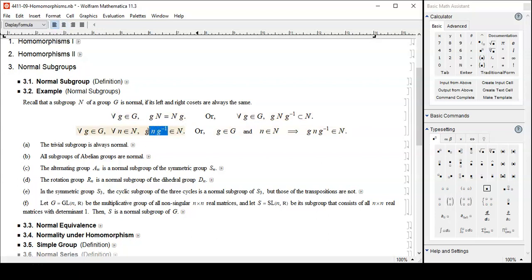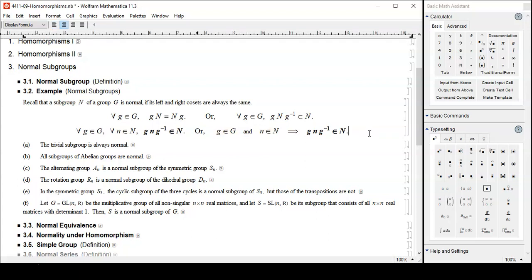So this is the kind of quantity that you're interested in, which I just highlighted in bold. Let's highlight this entire thing. That's the question: the conjugation g n g inverse, does it actually belong to N or not? That's the big question.